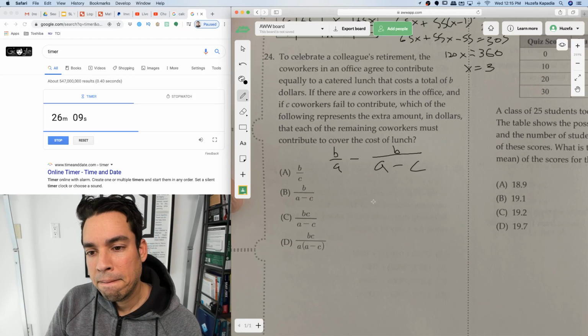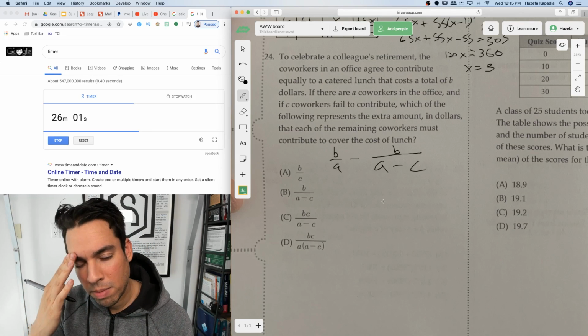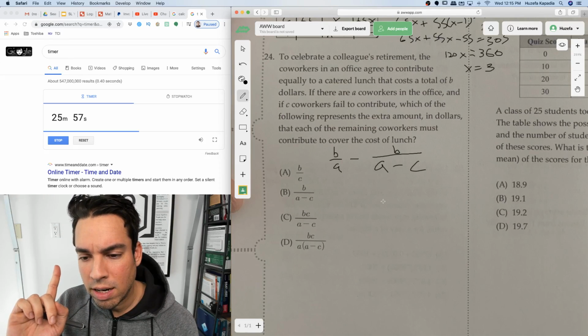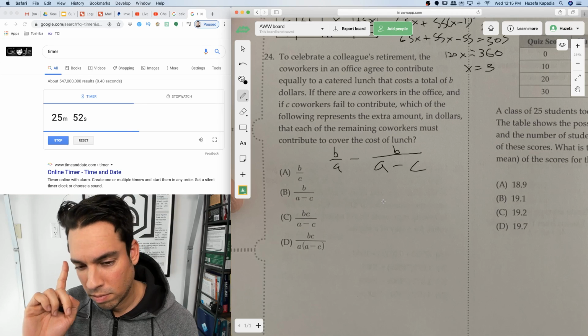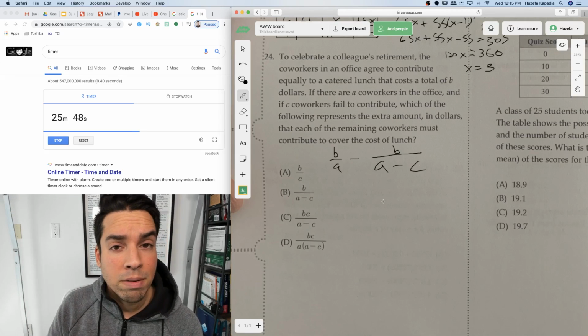Hold on. I'm struggling with this for a second. So we know that this thing costs that many dollars, and everybody should have paid B over A, right?